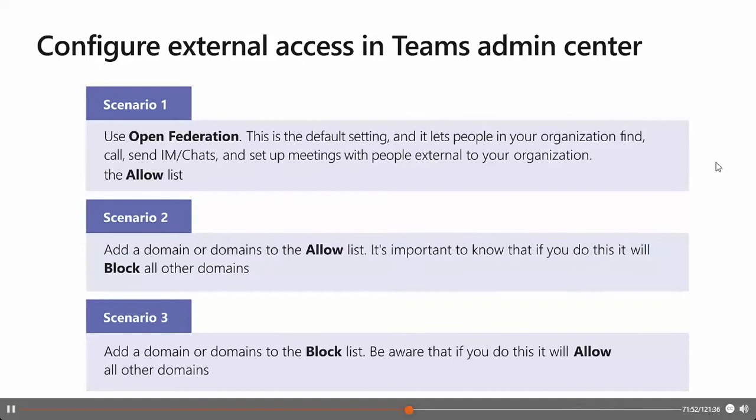So maybe you say contoso.com, northwindtraders, or whatever will be allowed, then all the other domains will be blocked. And on the other side, in scenario 3, you just block the domains you don't want to allow contact to, and all other domains are allowed to work with you.